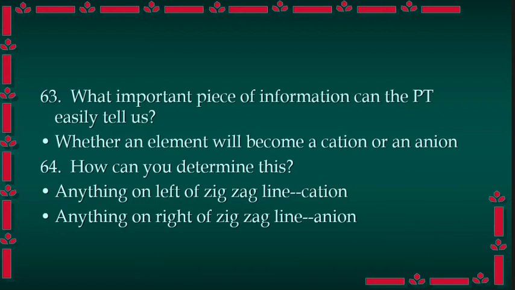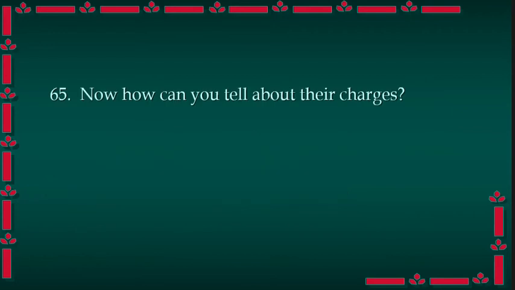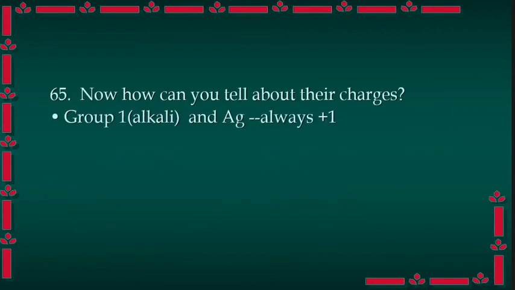We're on 64. It's that easy. Anything left, cation. Anything right, anion. Now, how can you tell about their charges? Well, group 1, the alkali and silver is always +1.